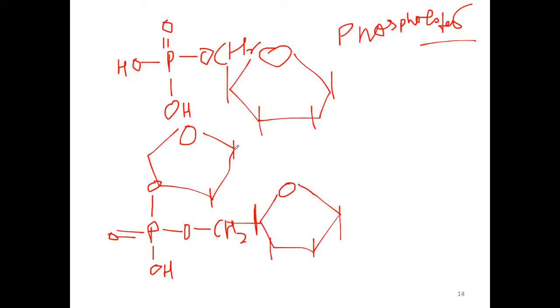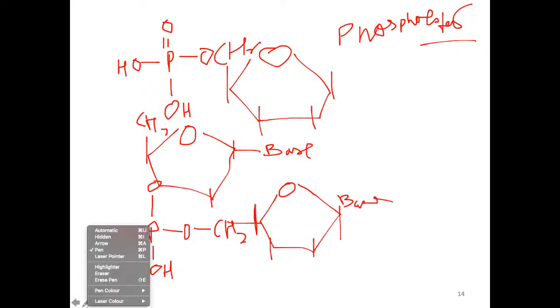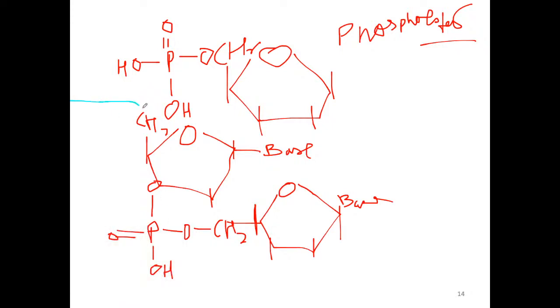Your nitrogenous base could be joined here, and here also. So again CH2, and it will make another bond on top. So the bottom one is your phosphodiester.